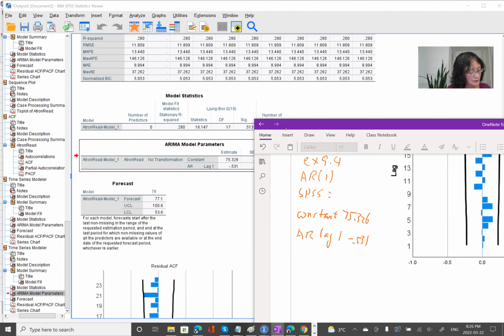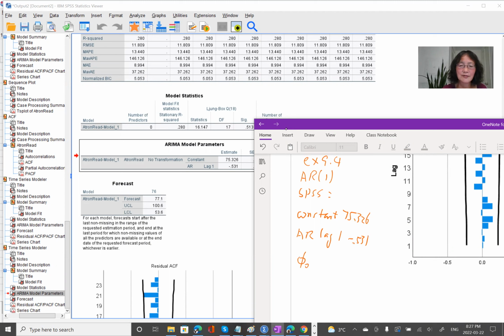And remember, this is AR, so you have to do a calculation to get the real constant, phi 0.